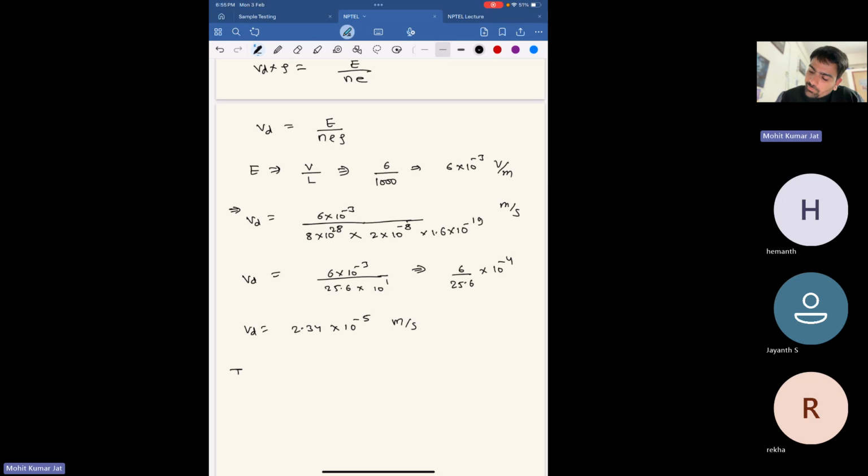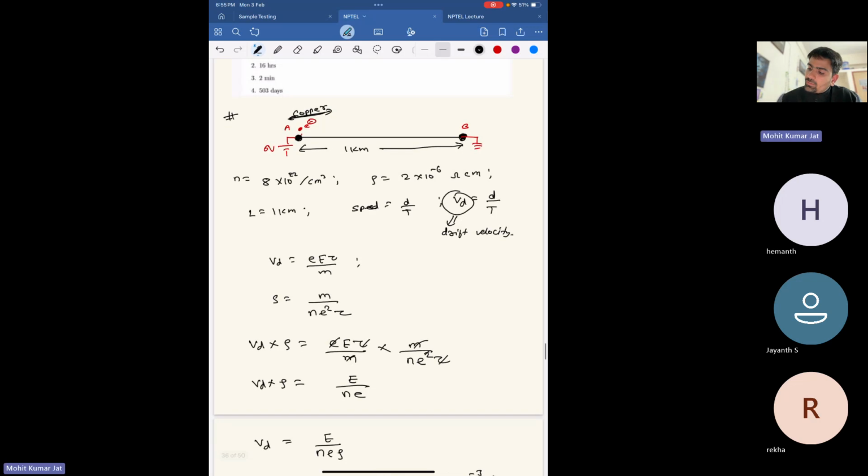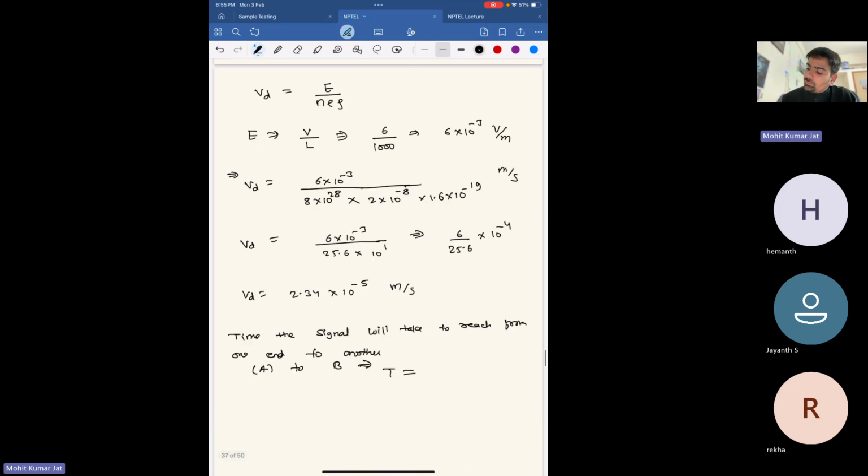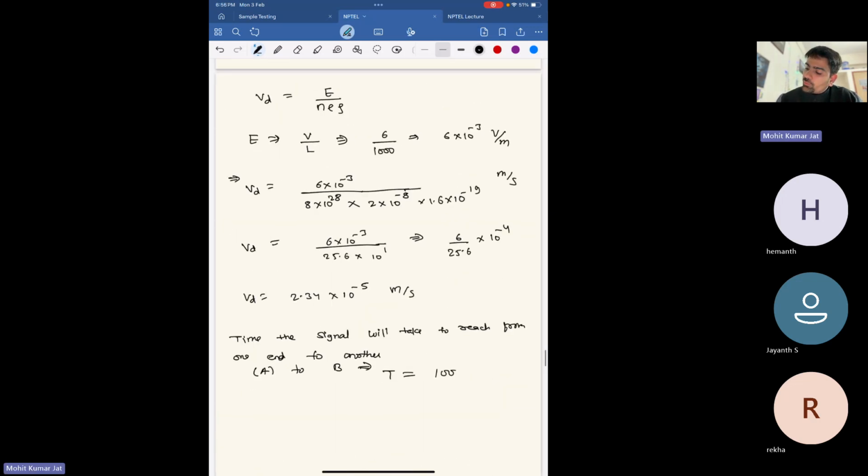Now the time the signal will take to reach from one end to another, that is from A to B, time will be d by Vd. d is 1 kilometer, 1000 meter.